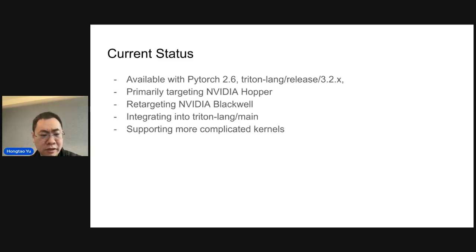We're also working with upstream to integrate into Triton. That's going to require some refactoring based on the recently introduced warp specialization operations. And we are still working on supporting more complicated kernels, extending the features on our end.